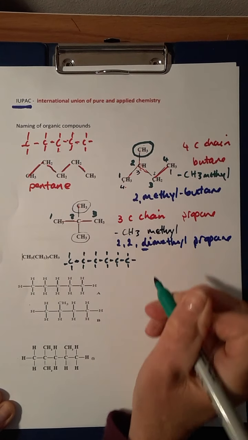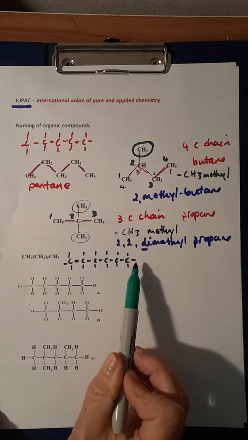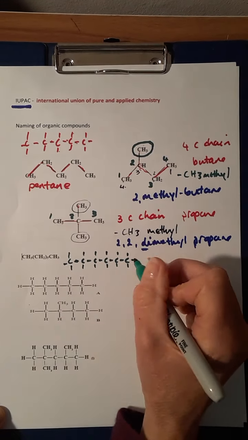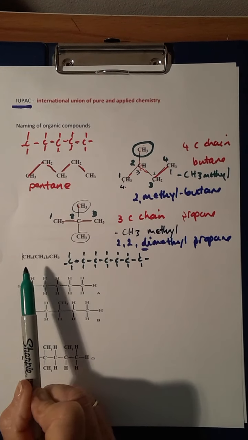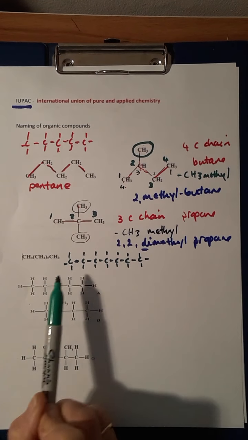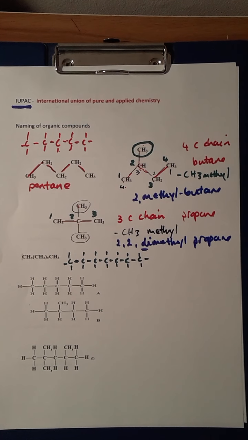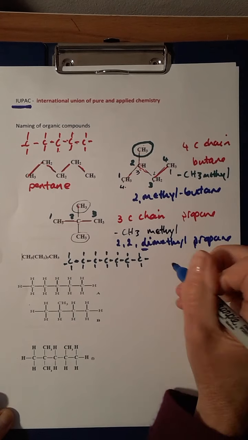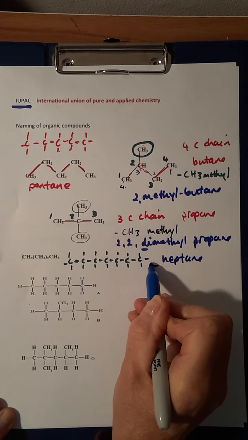I'm assuming these sticks are hydrogens at the ends. And then I've got another CH3 here. So altogether now I have 1, 2, 3, 4, 5, 6, 7, a 7-carbon chain, all single carbon-carbon bonds. So that means it's a 7-carbon chain. It's known as heptane. So this one is heptane.